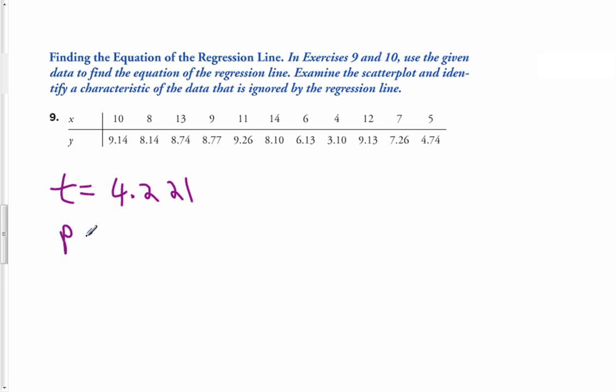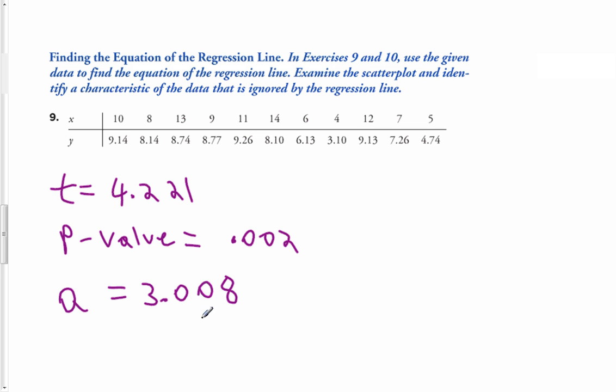Really, what we would need is the p-value, and in this case, the p-value is equal to 0.002, and a is equal to 3.008, let's call it, and b is also given as 0.4997.